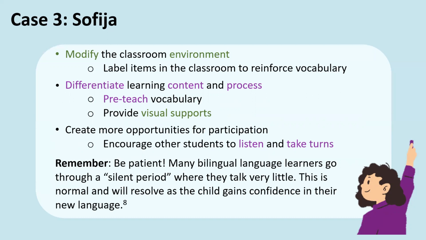Mr. J can work with his other students to encourage listening and turn-taking so that Sophia has more opportunities to participate. Remember, be patient as it takes time to acquire a second language. Many bilingual language learners go through a silent period when first learning a new language. This is normal and will resolve as the child gains confidence in their new language.